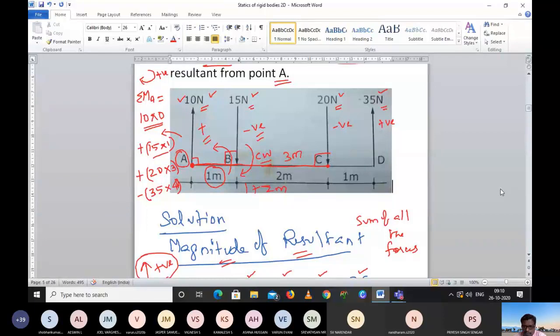So it creates 20 into 3 meter, that is the moment value. Yes, sir, I have one question. Please. Why are we not considering the sign? It is minus 20 Newton, but we are taking only 20. For the resultant calculation, we take upward as positive and downward as negative; that is our first assumption.